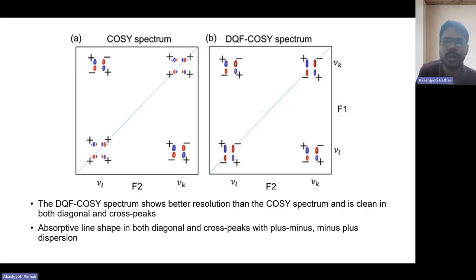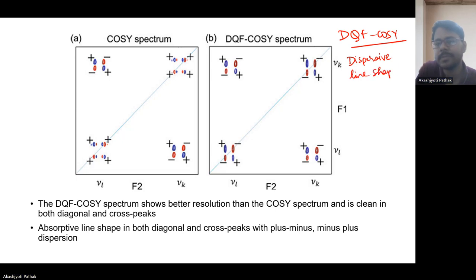So in a DQF COSY, remember this: in DQF COSY, you are converting the dispersive line shape of the diagonal peak into absorptive line shapes.